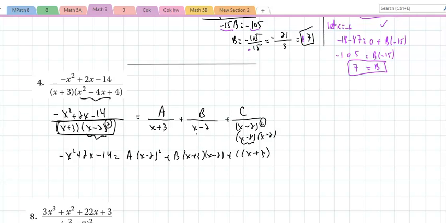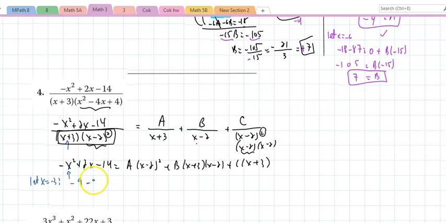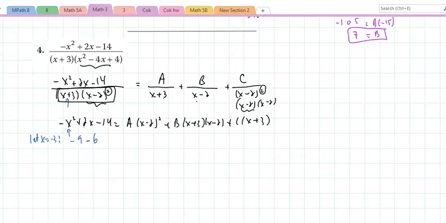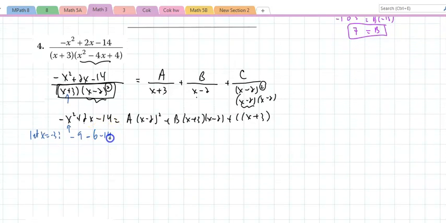So what we're going to do, we're going to say, what's the domain? The domain, x cannot be negative 3. Let x equal negative 3. That will be a negative 9 minus 6 and a minus 14 equal.